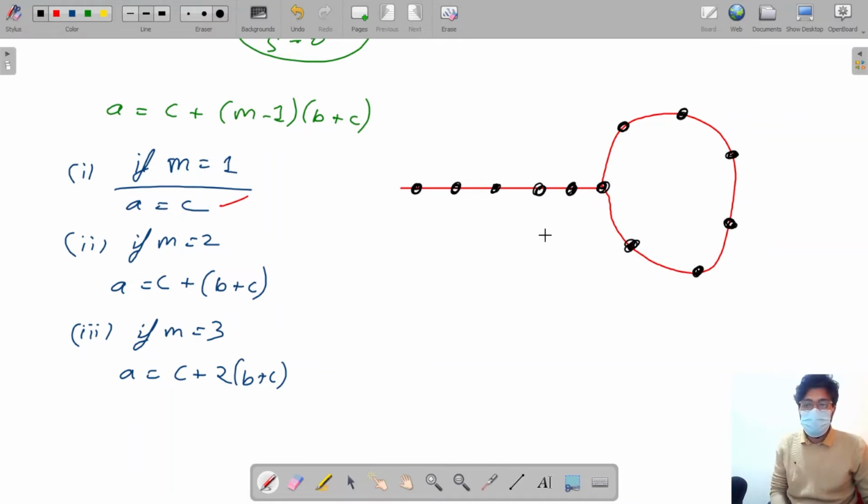So if M is equal to 1, I will take slow and fast, and I will move them.